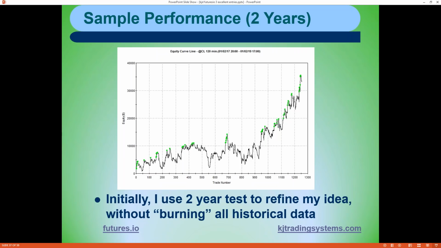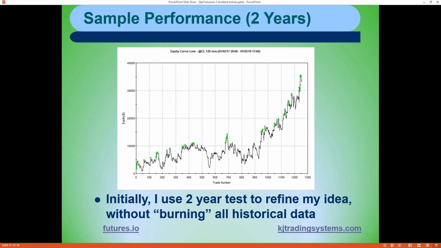And again, I do this just to test things out without using all my data, because once you use all the data and you start doing things over and over again, you're going to run into issues. So it did pretty good. Maybe it was the market, maybe it was the bar size, who knows?